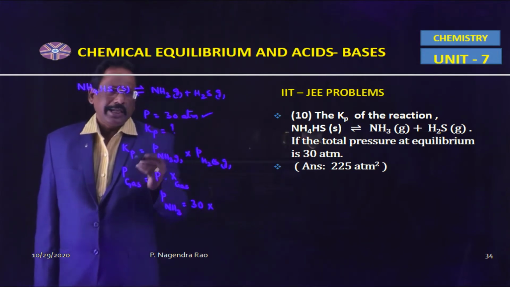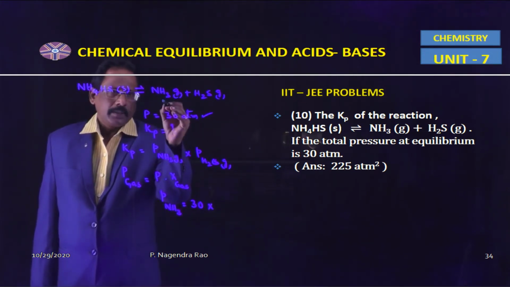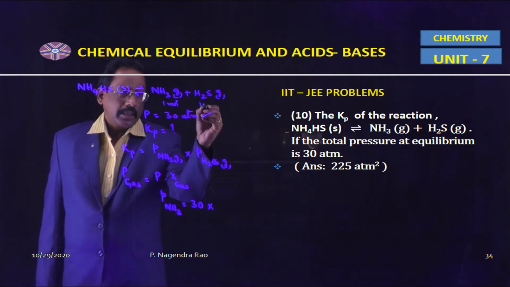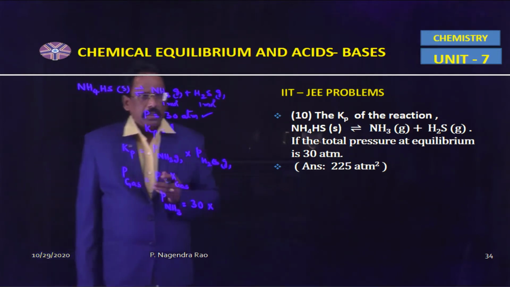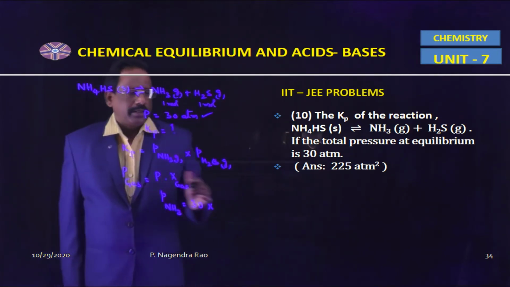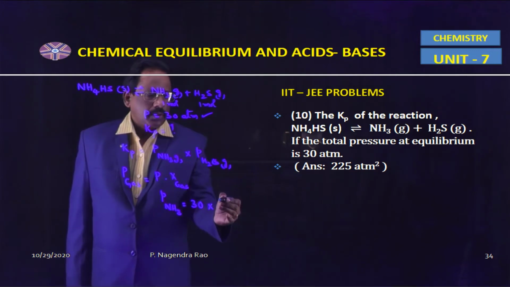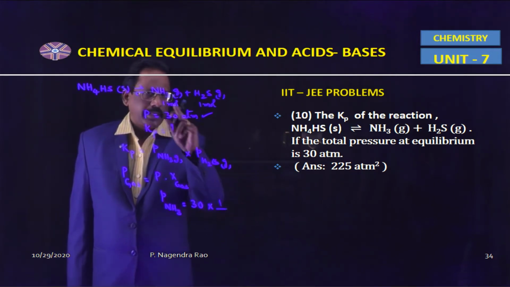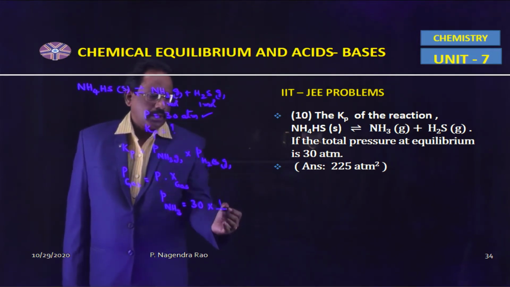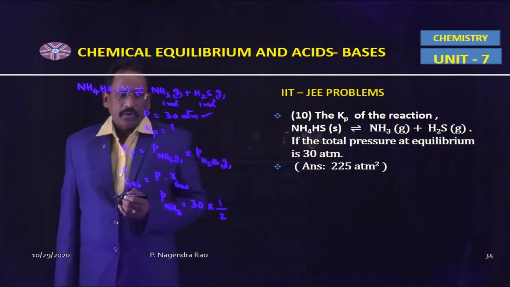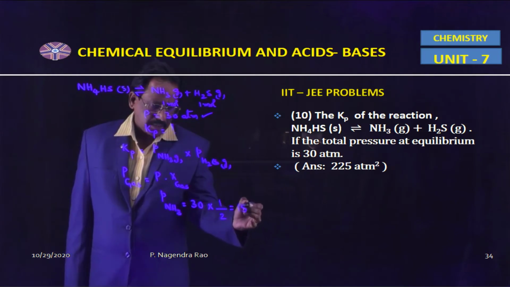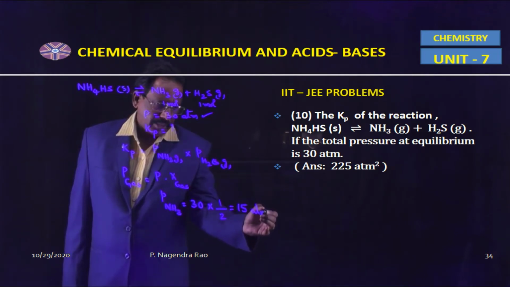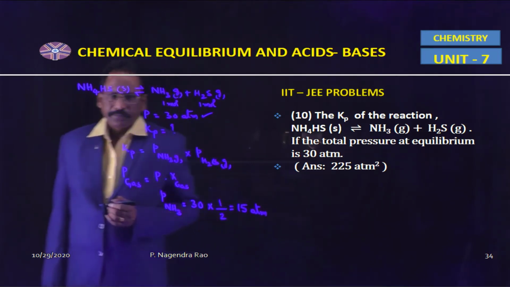In this dynamic equilibrium, the number of moles of ammonia gas is equal to 1 and the number of moles of hydrogen sulfide gas is also equal to 1. So number of moles divided by total number of moles. Total number of moles is equal to 2. So the partial pressure of ammonia gas is equal to 15 atmospheres.